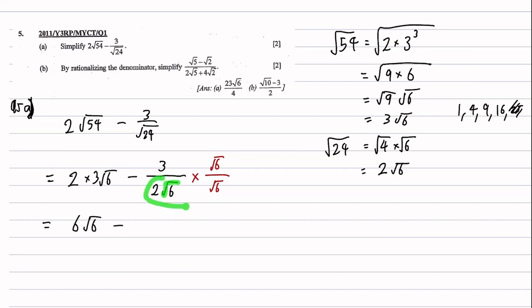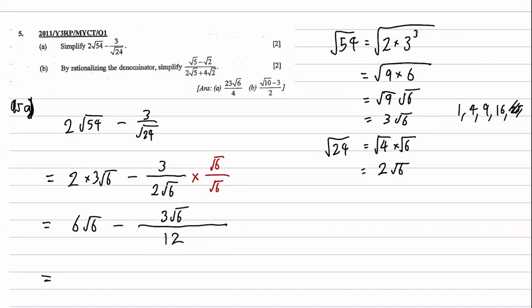We need to make sure that the denominator, the bottom of this fraction, is a rational number, meaning we can write that number as a fraction. So root 6 times root 6 is just 6. Then multiply by 2 is 12. So is 12 a rational number? Yes, whole number.